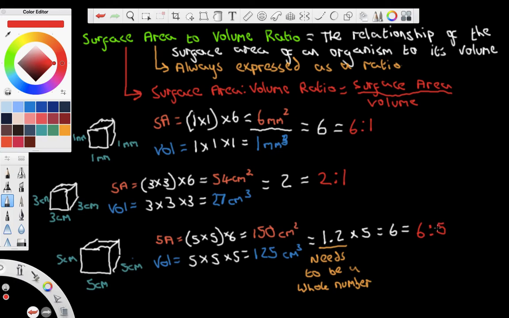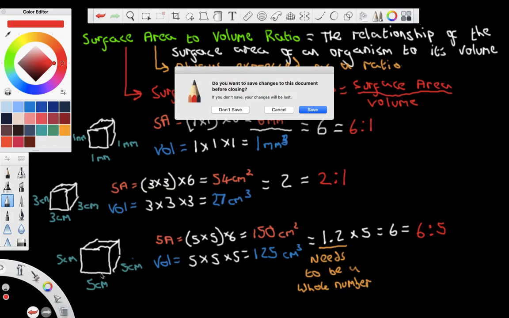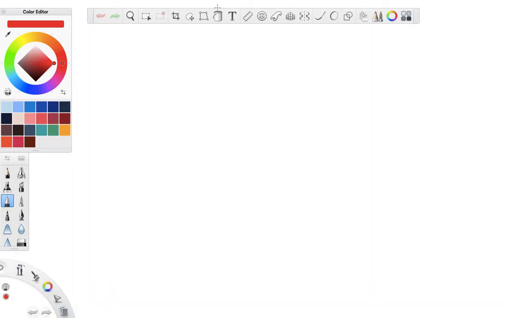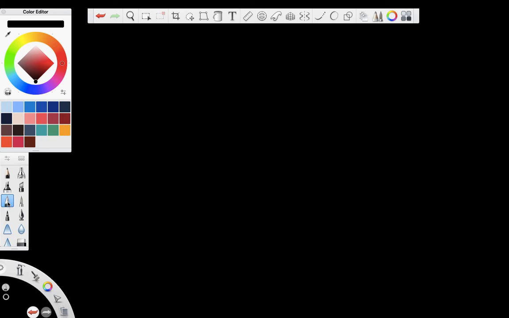Now, just to finish off this lesson, we need to quickly talk about how this relates to biology. Okay? As a rule of thumb, when a cell increases in size, its volume increases faster than its surface area.